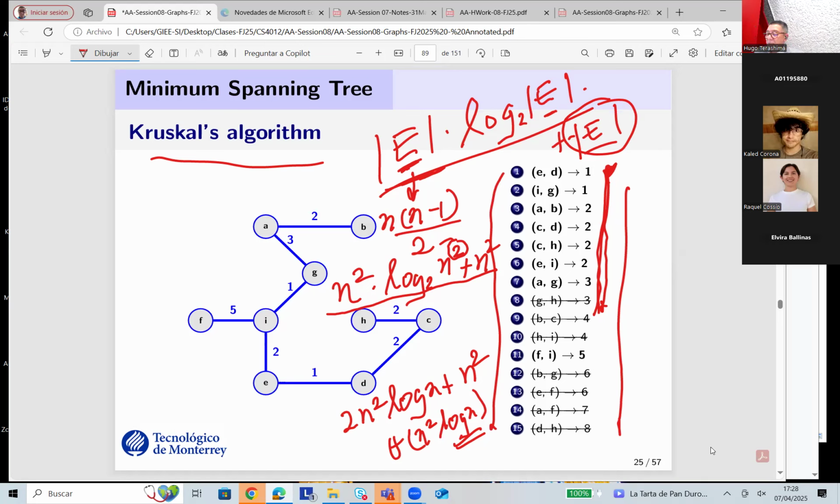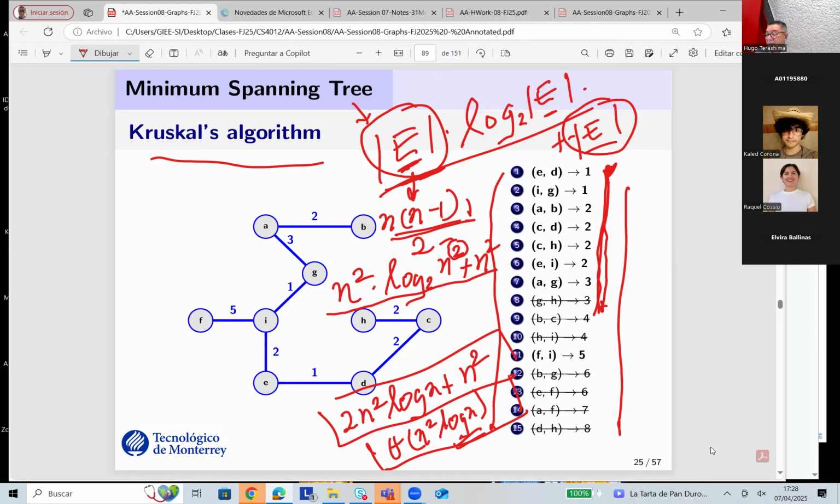So is this okay? Now you say, well, you're sorting, it is true, but what is the amount of elements that you are sorting? Well, E. Okay, but in terms of n, this is like this amount, which is n squared.